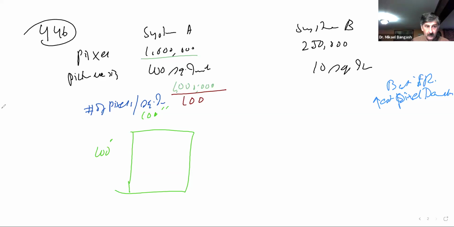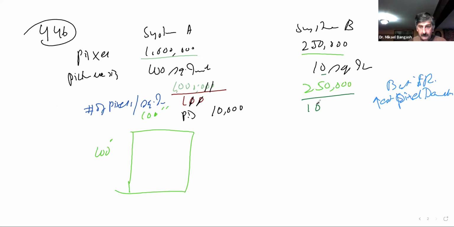The same formula applies over here: 250,000 divided by 10. So that's straightforward, guys. This cuts this, and what we are left with is 10,000. So that's our pixel density.